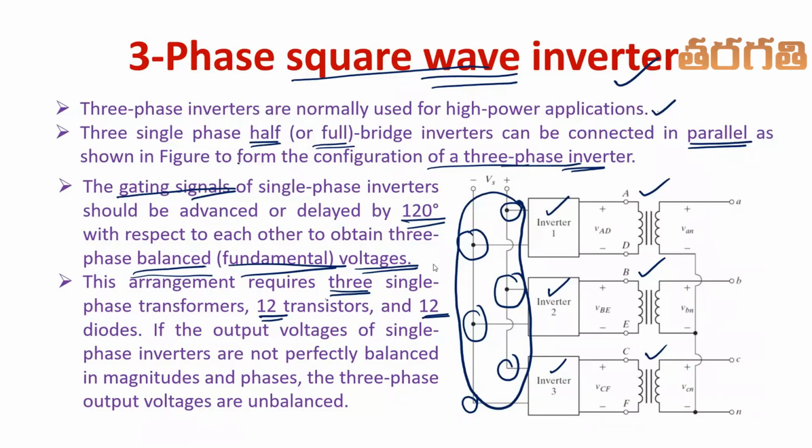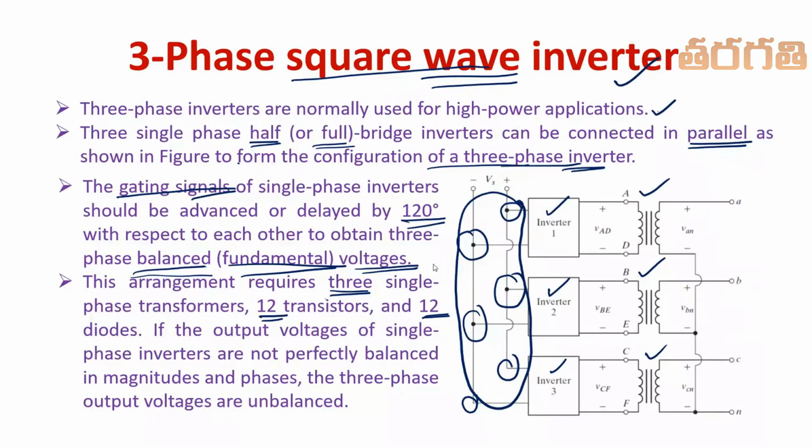Okay, due to the development of power electronic devices, nowadays these transistors and diodes are replaced with IGBTs, insulated gate bipolar transistors.